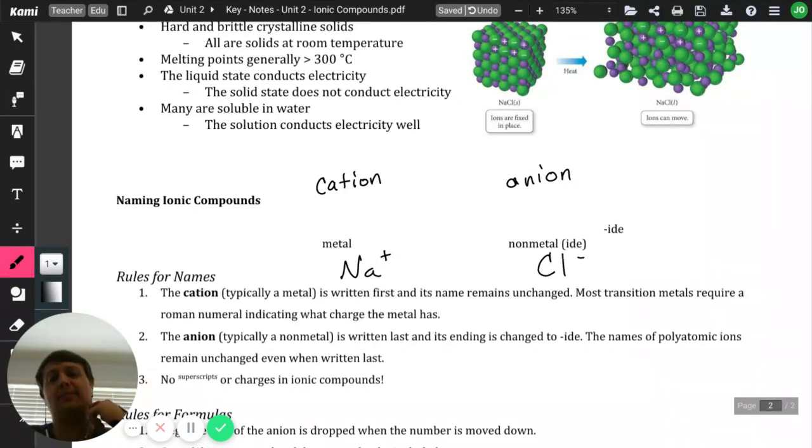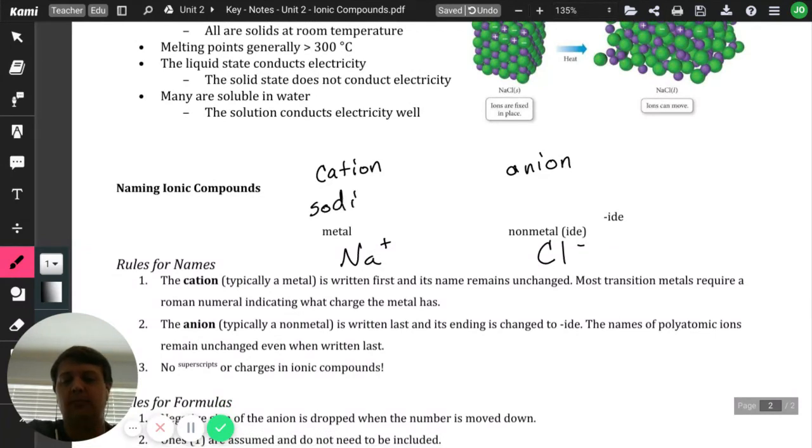Okay, so how do I name it? Well, the nice thing about ionic compounds is it is fairly straightforward. First off, we always name our metal. So our metal here would be sodium. And then our nonmetal would be chlorine. So I would do sodium and chlorine. But here's the difference. When you have an ionic compound, you change the ending of your anion, of your nonmetal. We change that to ide. So this would be sodium chloride. All right, so that's what we're looking for when we're naming it.